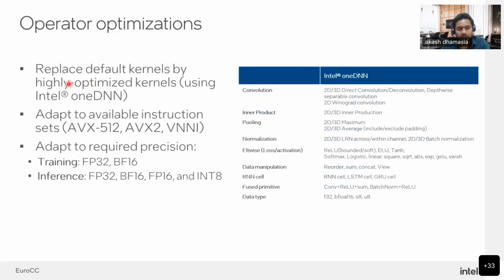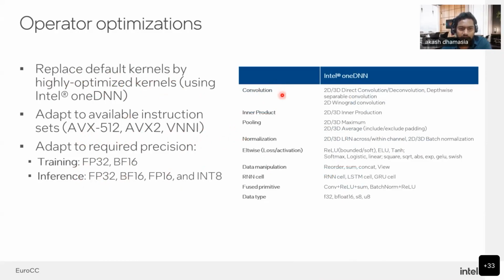Like I said before, it replaces the default kernels with highly optimized kernels, and it is using different instruction sets like AVX and VNNI, and in Sapphire Rapids it will also support AMX. It supports both training and inference data types.